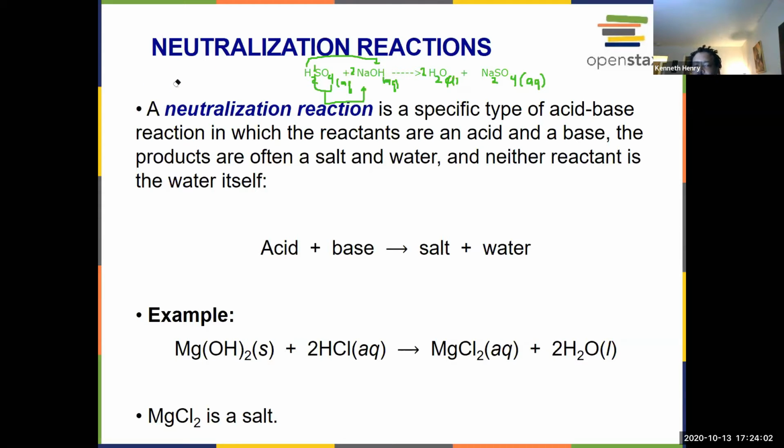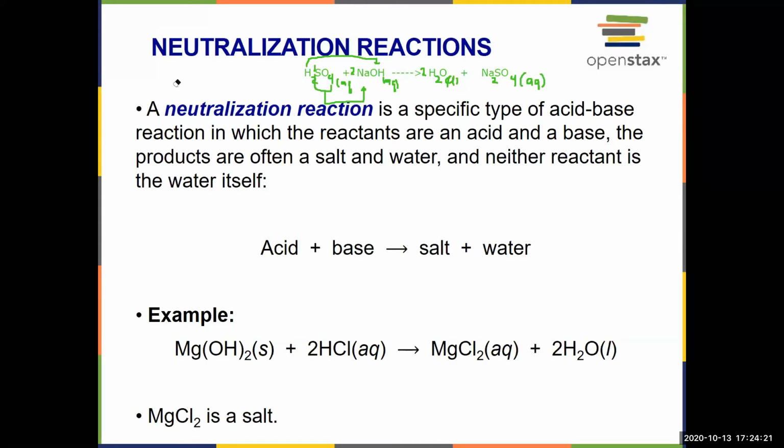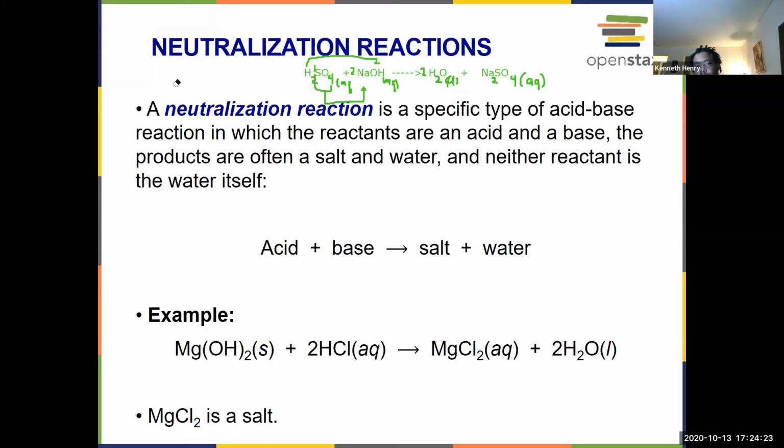Okay, questions? Concerns? Okay, so far we've talked about what type of reaction. Acid-base reaction. We talked about acid-base reactions, which is also the same thing as a neutralization reaction.